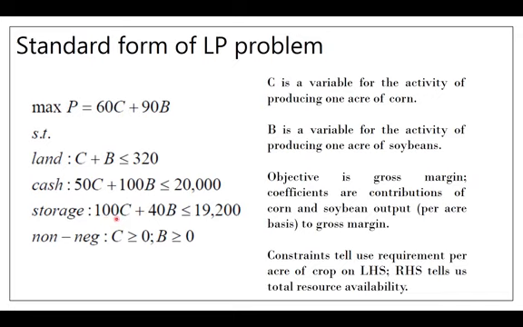And then down here in storage, so every unit of storage, every acre of corn I plant is going to use up 100 units of storage, measured on the right hand side here. And so you can see from this that corn uses storage at a high rate, it uses cash at a relatively low rate, right? So by comparing corn to beans, our only two options, you get an idea of what's expensive in terms of my cash on hand constraint, what's expensive in terms of my storage constraint.